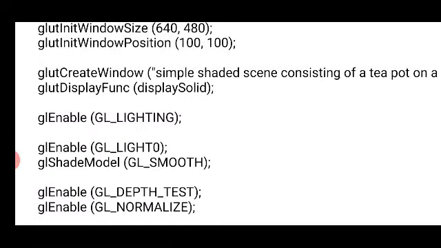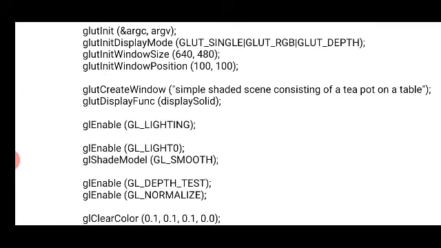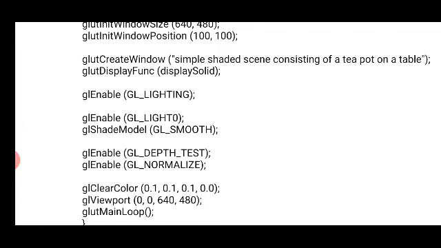Then you enable the lighting, glEnable GL_LIGHTING, and you enable GL_LIGHT0. Okay, and then you enable some other properties of a light also. Shade model, we are going to use GL_SMOOTH, glEnable GL_DEPTH_TEST, meaning the light is going to be focused on depth.